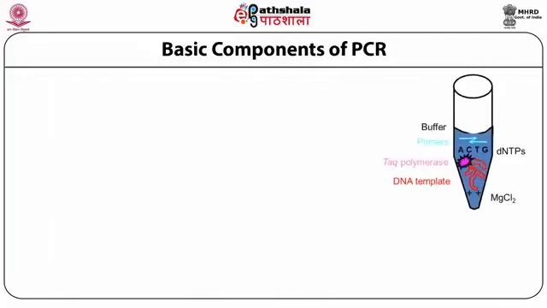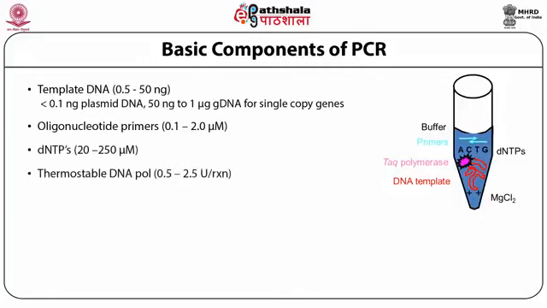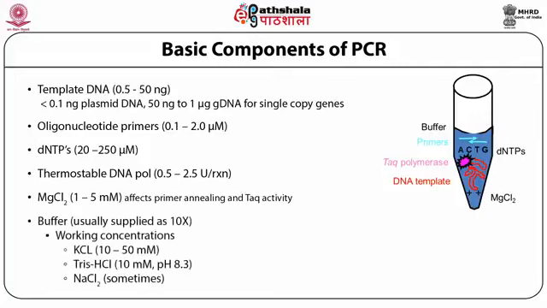Now come to the components which are necessary for the completion of a polymerase chain reaction cycle, and these are the template, oligonucleotide primers, dNTPs, thermostable DNA polymerase, magnesium chloride, and buffer. In the buffer, the working concentration has potassium chloride, Tris-Cl, and sodium chloride. Before doing any PCR reaction, we prepare a master mix.